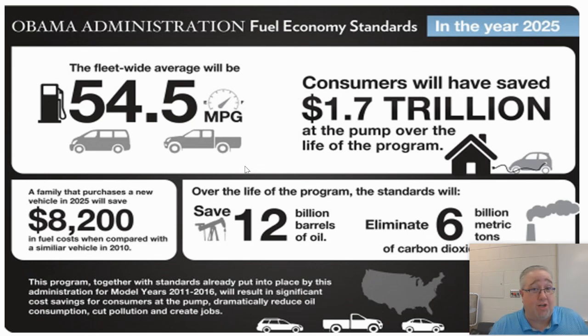Now, again, this was just what was proposed. So it basically said to all these car manufacturers, by the year 2025, we want your entire fleet of cars to have fuel economies of 54.5 miles per gallon or better.